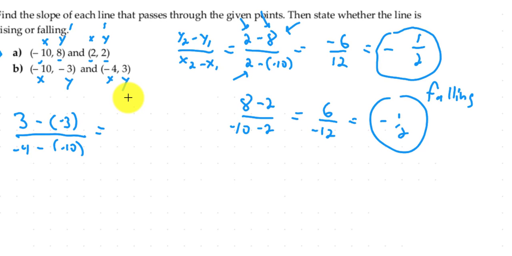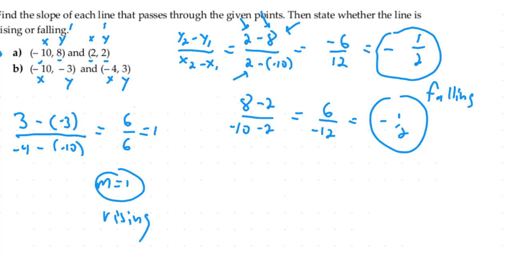On the top, 2 negatives become positive. That's 6. On the bottom, plus, so I have positive 10. Wait, I get 6 over 6, which is 1. So my m equals 1. And this is rising because it's positive. And that's it. Hopefully that wasn't so bad. Let's keep working through the problems.